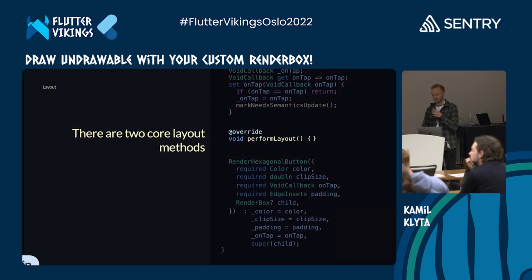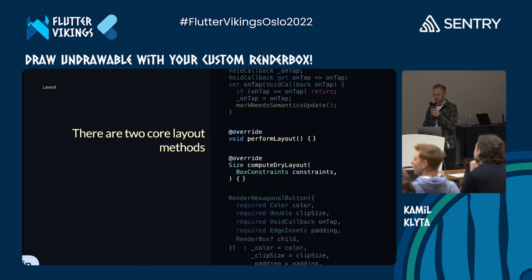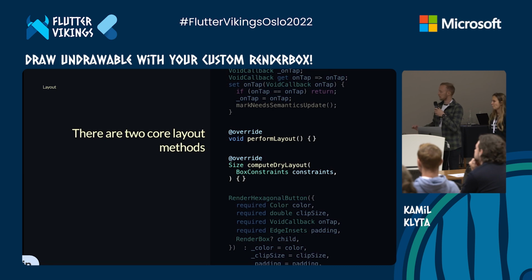And there are two core methods that we should implement here. For layouting, there is the performLayout method, which is for laying out our children, so defining the size and the position of a child. And the computeDryLayout method, which is also responsible for calculating the size of the render box, but with a slight difference, because this is the dry layout method. This method calculates the size for this render box, but without setting the values on this render box.